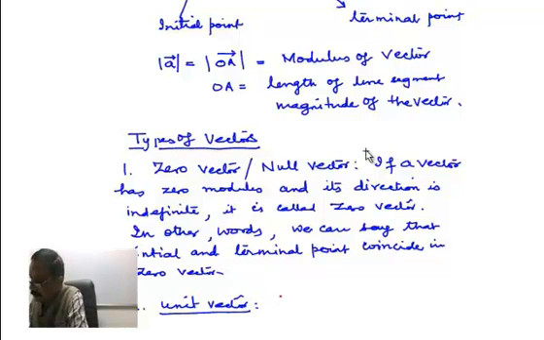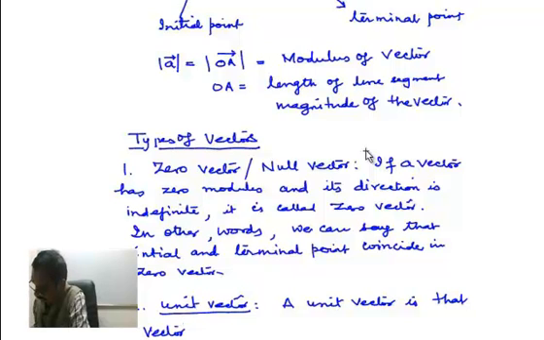So a unit vector is that vector which has its modulus as one unit.